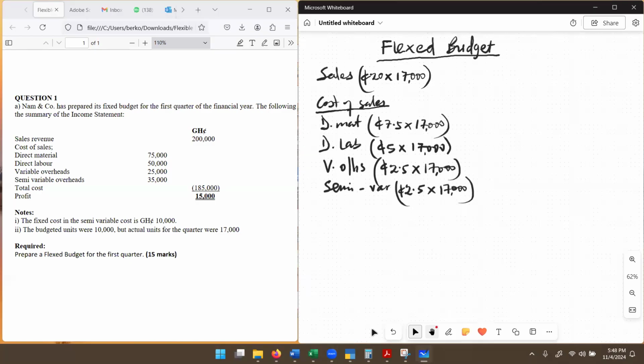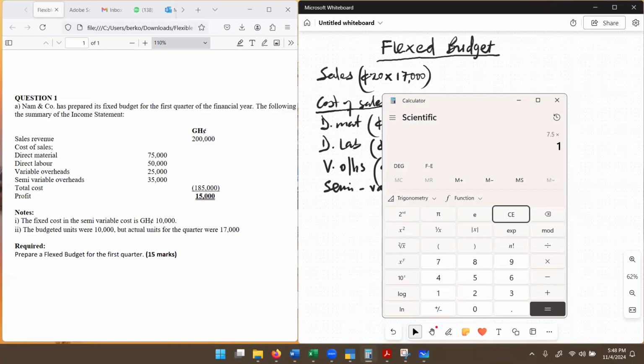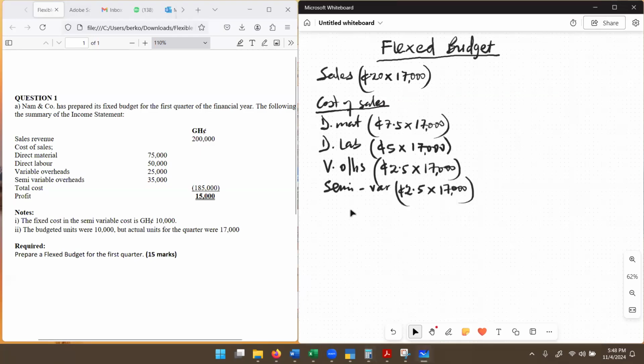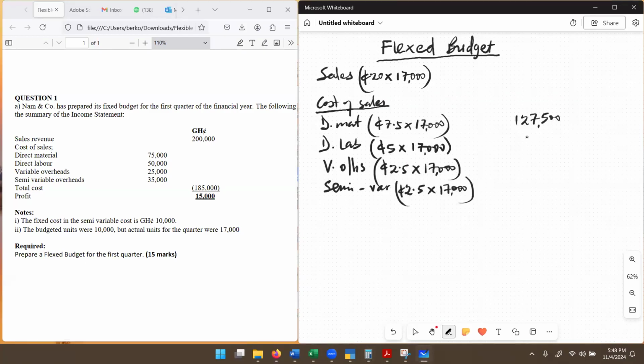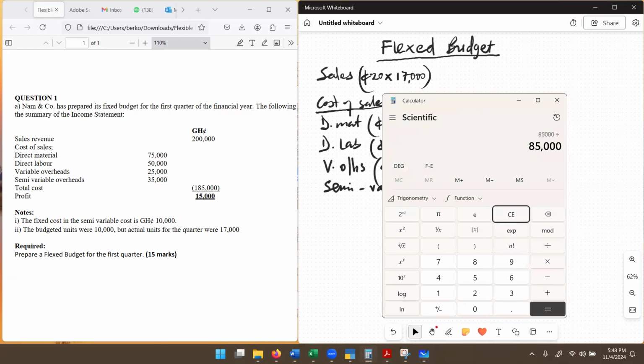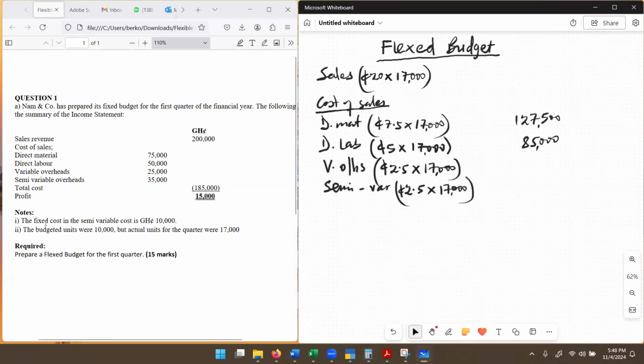See, so we just multiply. So let's multiply. 7.5 times 17,000, 127,500. 5 times 17,000, 85,000. 2.5 times 17,000, 42,500. And another 42,500.